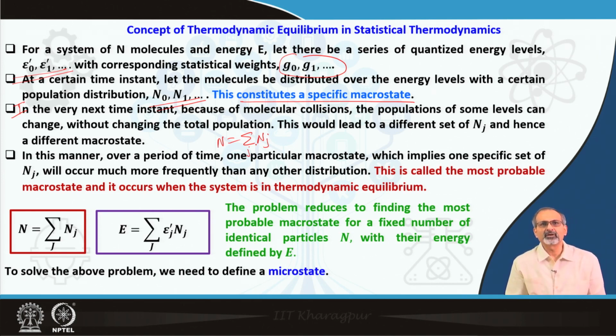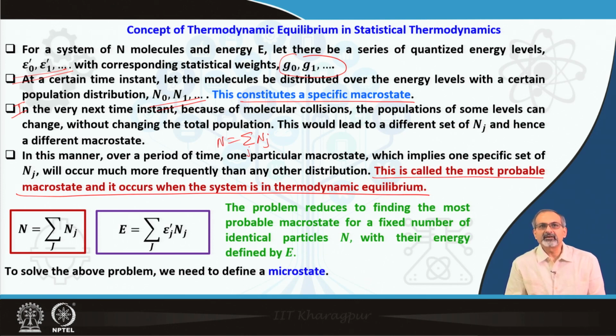In this manner, over a period of time, one particular macro state, which implies one specific set of Nj, will occur much more frequently than any other distribution. This is called the most probable macro state, and it occurs when the system is in thermodynamic equilibrium. So, this is a very important concept.